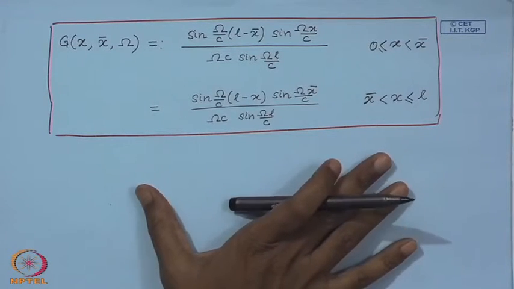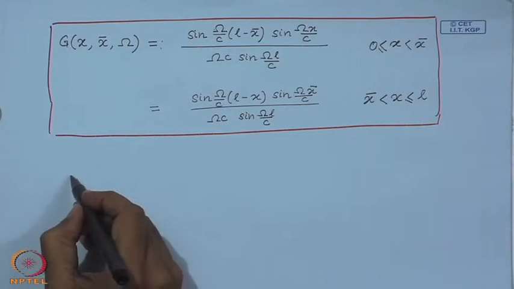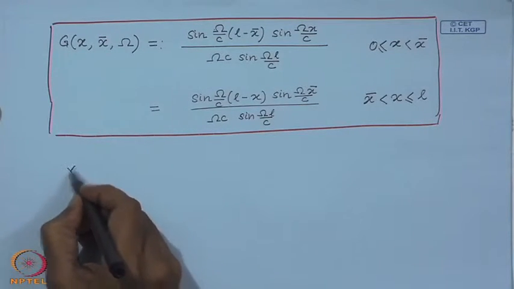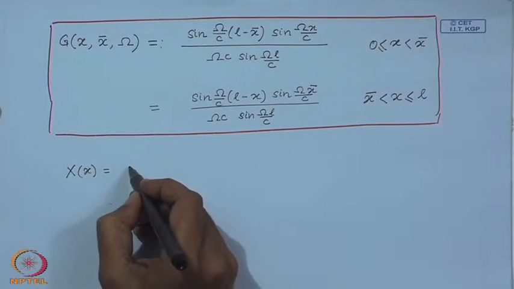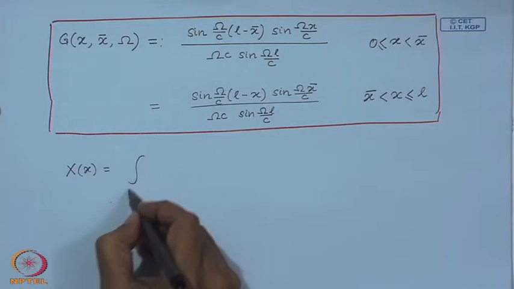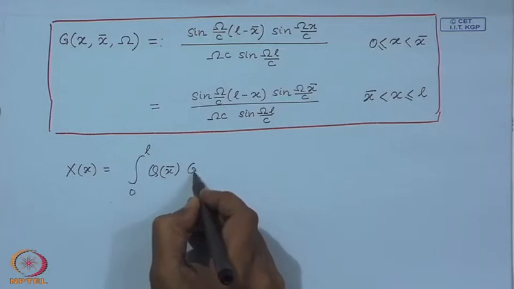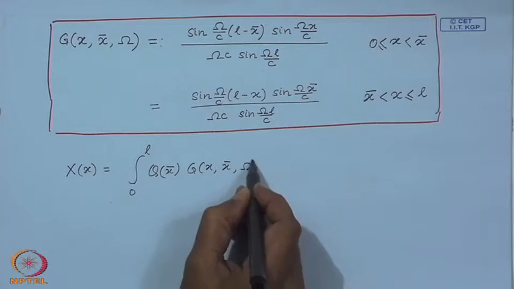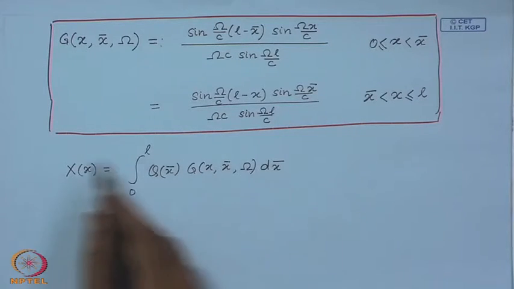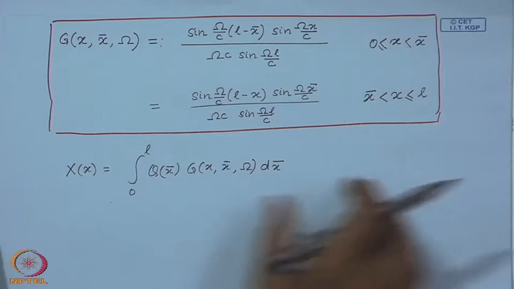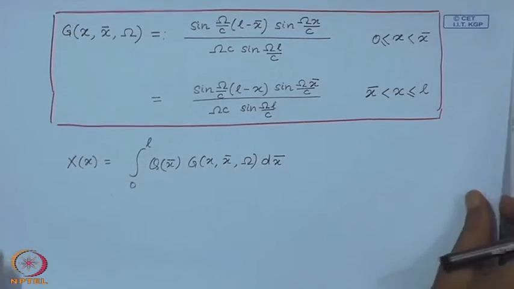Now, once we have this Green's function, then corresponding to any force distribution capital Q of x, we have seen that the amplitude function of the particular solution can be written as this. Now we are going to solve an example and see how this integration can be performed.